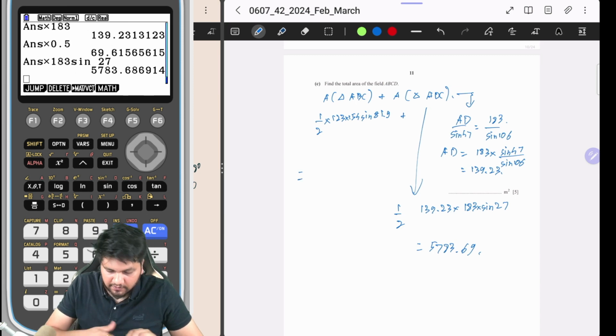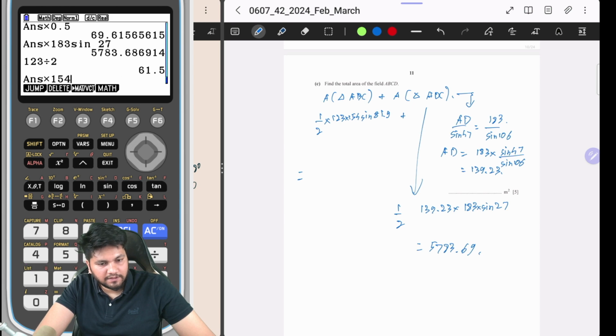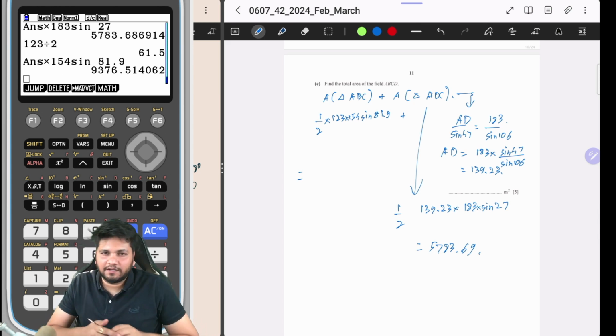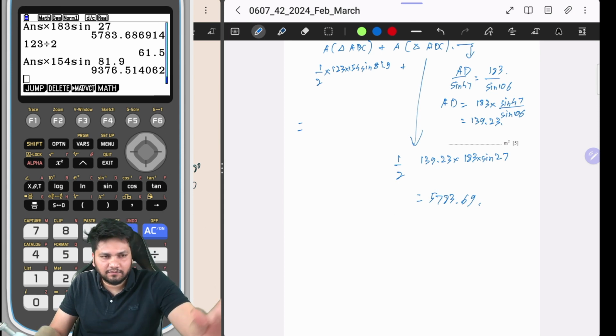Did we find this? No, wait, I don't think so. So for this one, it's going to be 123 divided by 2, that you multiply by 154 sine 81.9. See, I'm using steps because I have to be sure whether I'm doing it right or wrong. If there is a problem with one of the steps, I can just edit it a little bit.